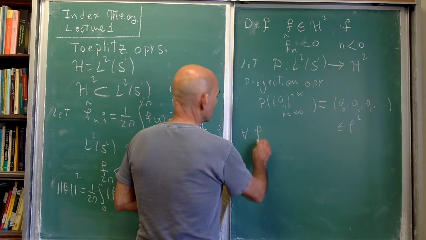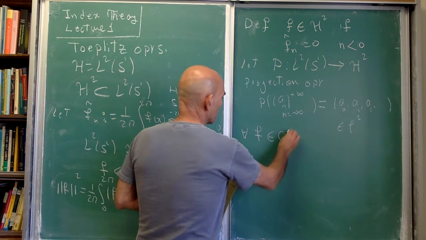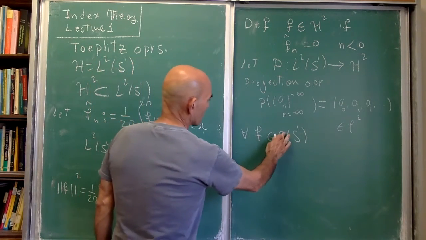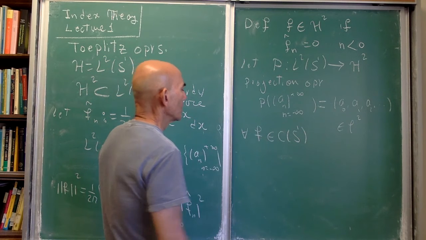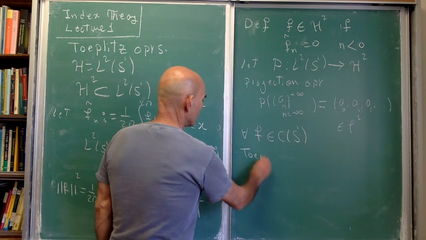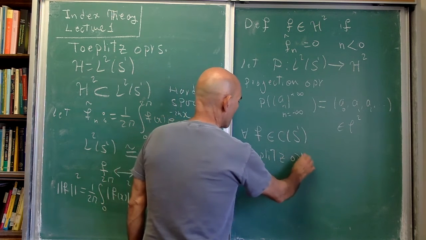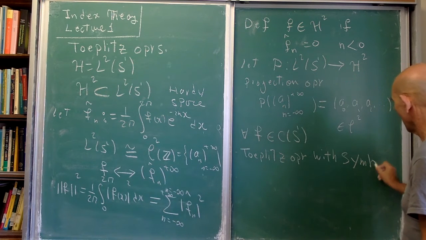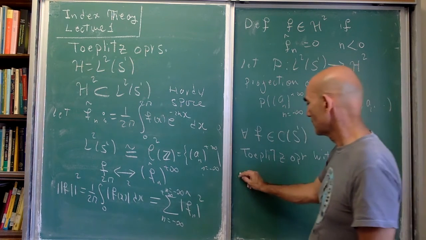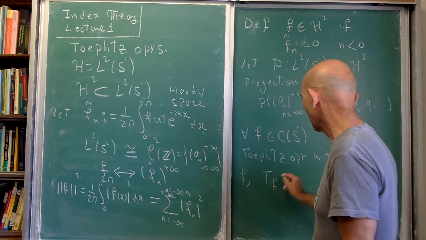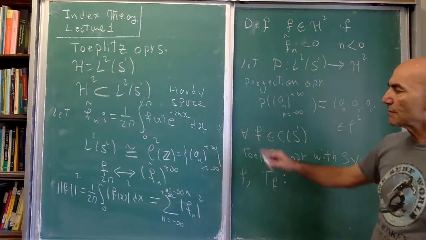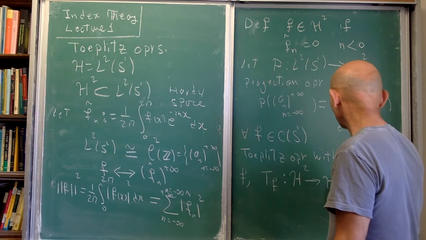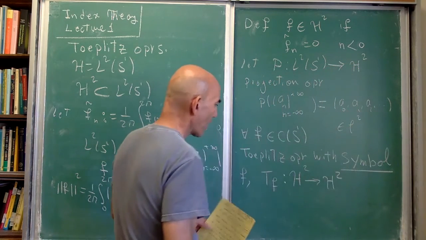For any f, say belonging to continuous functions on the circle, although it can be done in a more general setting, but let's just look at continuous functions, define the Toeplitz operator with symbol F. This operator TF goes from the Hardy space to the Hardy space again, from H2 to H2. It's defined like this.